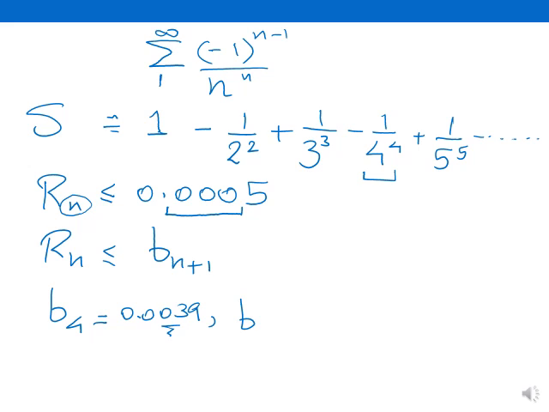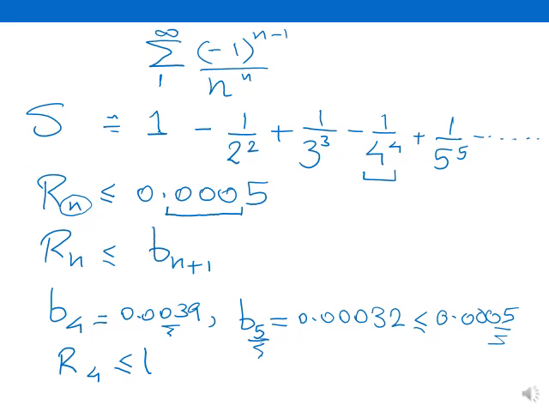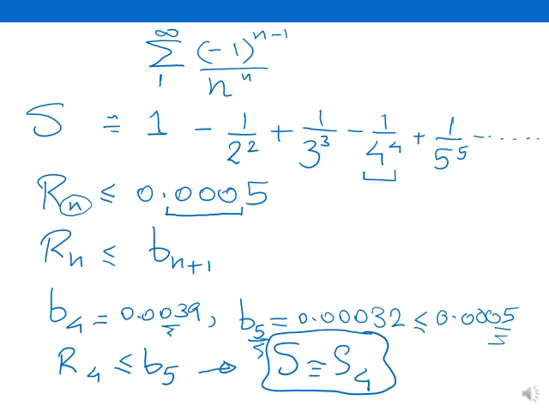Let's try the other term, b5, 1 over 5 to the power 5, which has the value 0.0003. Definitely this is less than the requested accuracy, which is 0.0005. So I'll stop before this term, and we say that the remainder R4 is less than or equal to b5. Thus we will sum up our series up to S4, and these terms will guarantee the 3 digits accuracy.